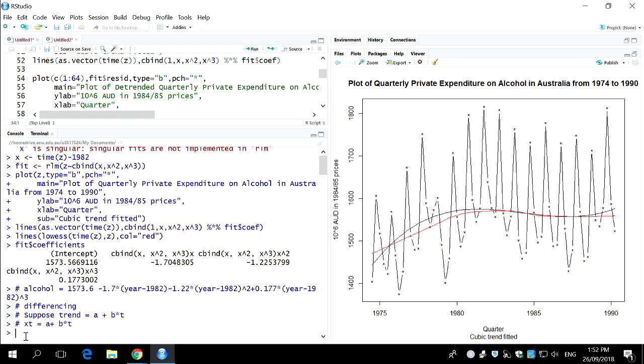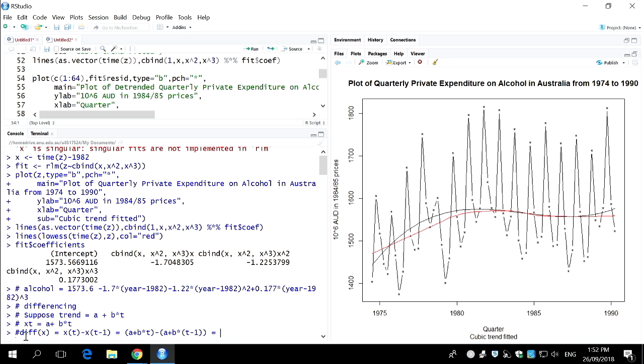Okay, that's x at time t. Now let's take differences. Diff of x, which is x at time t minus x at time t minus 1. Okay, so it's basically taking a first order lag. x now minus x one time period ago. What would that look like? Well, let's do it. It's A plus B times t minus A plus B times (t minus 1). Right?